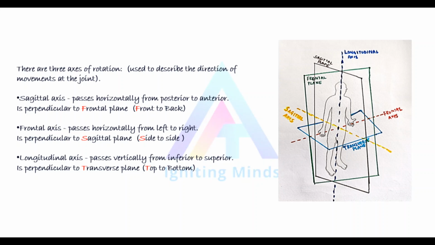So longitudinal axis runs from top to bottom. So perpendicular to frontal plane, front to back, sagittal axis. Perpendicular to sagittal plane, side to side, frontal axis. And perpendicular to transverse plane, top to bottom, longitudinal axis.